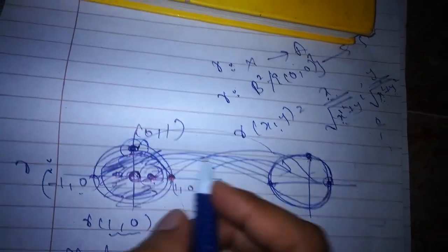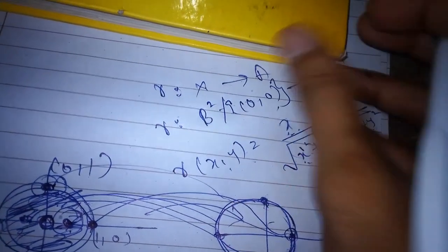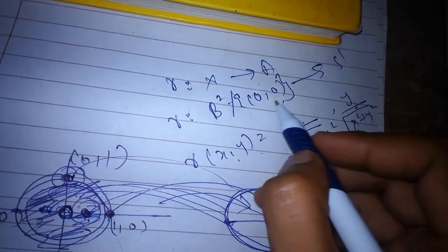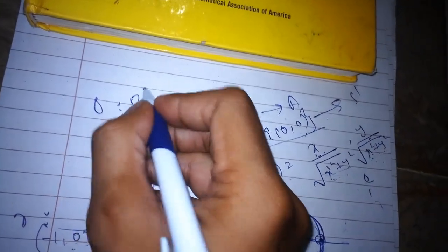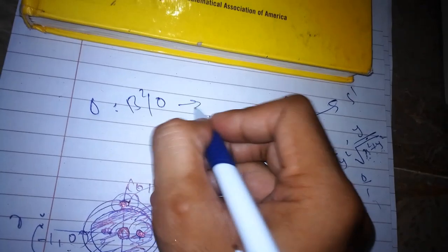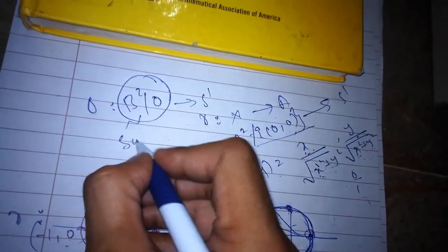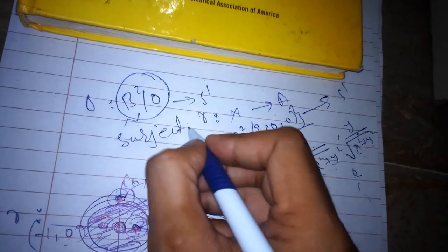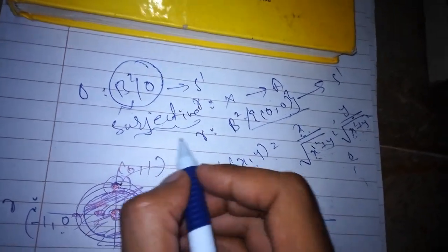So this is the retraction map from the punctured disk to the circle, and this is a retraction map from the punctured plane to the circle. It is a surjective map according to the definition.